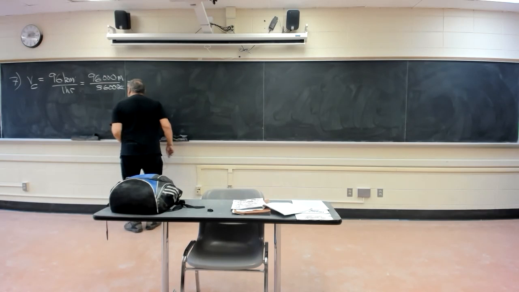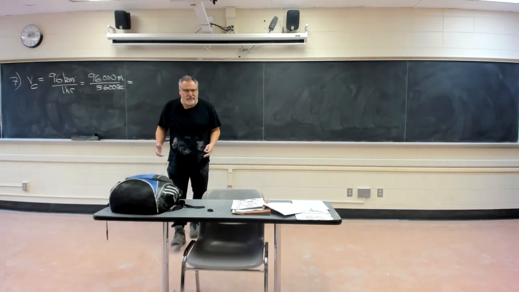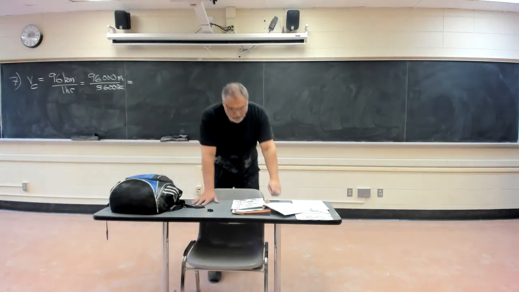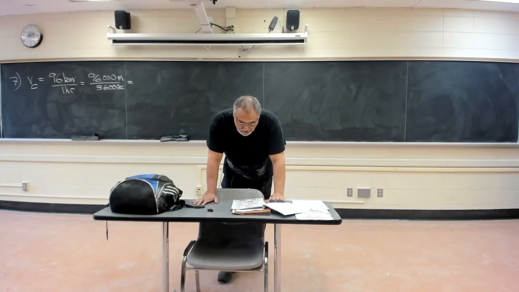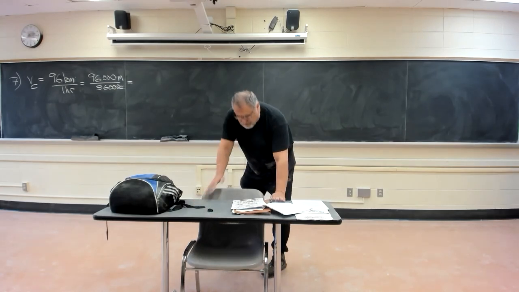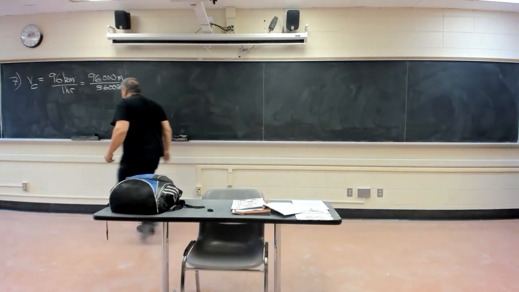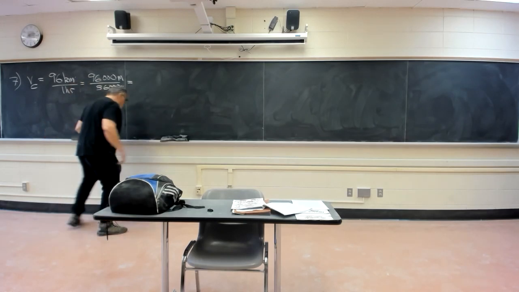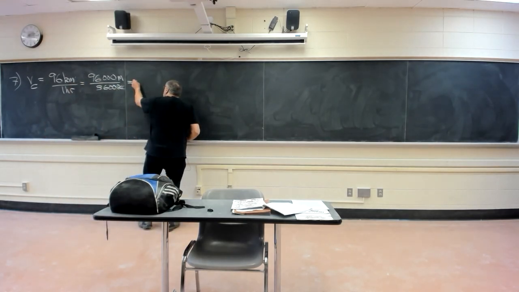Let's get this at meters per second because they're talking to us about seconds. And realistically, they're not going to be kilometers apart from each other, so let's keep it at meters. The v of the cheetah, v sub c, is 26.67 meters per second.